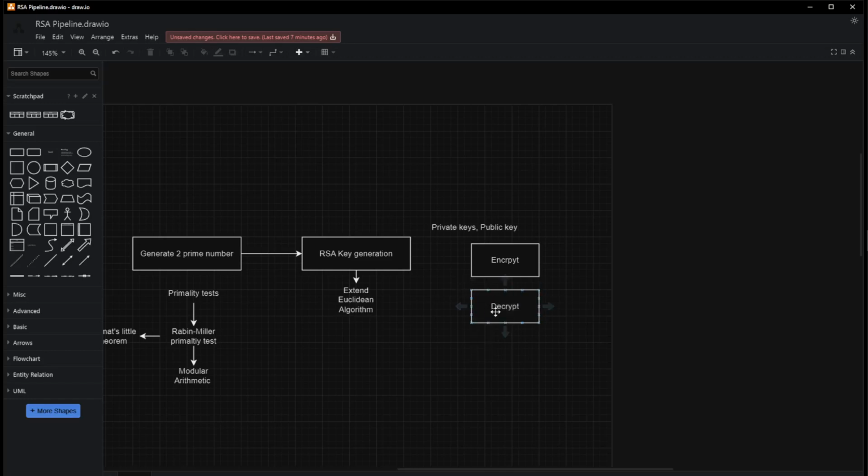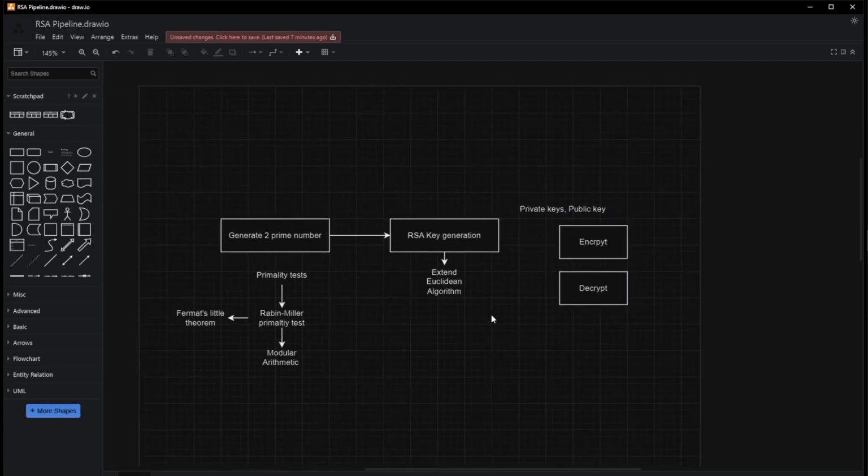The decrypt algorithm is going to take the private key, and the encrypt is going to take the public key. And pretty much, we're going to encrypt the message and send it over as bytes, usually over sockets or a network, like a TCP connection. Then the receiver is going to decrypt that message, and that's usually how communication occurs.